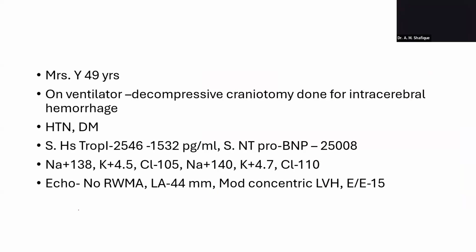Initial troponin was 2546, later on it decreased. Today it is 1532, and NT-proBNP was 25,000. Potassium level 4.5, and today it is 4.7. Echo done: LA a bit dilated, moderate concentric LVH, E by E prime 15.